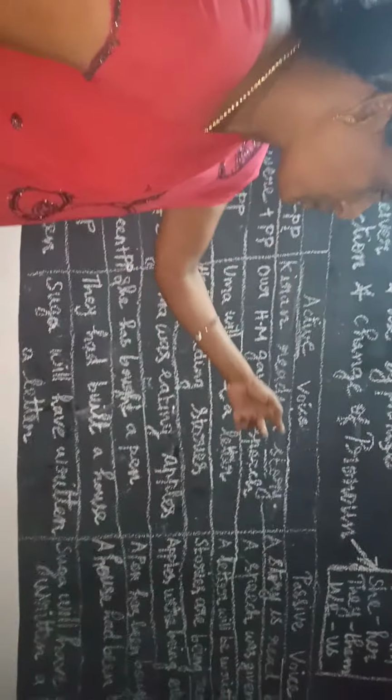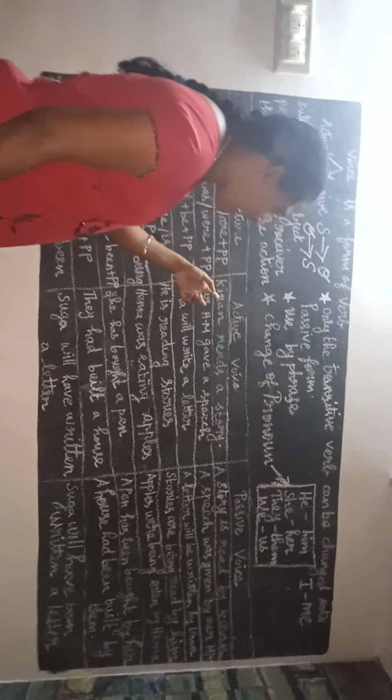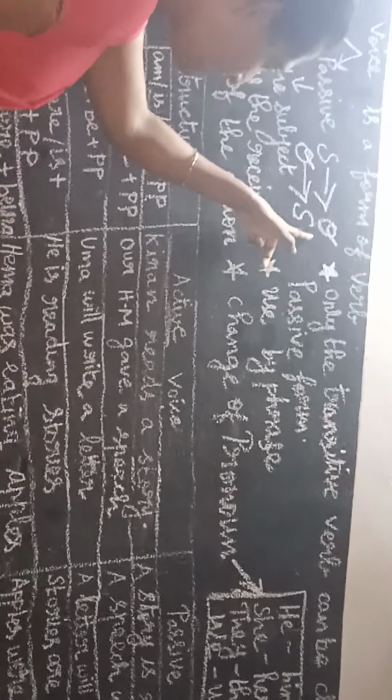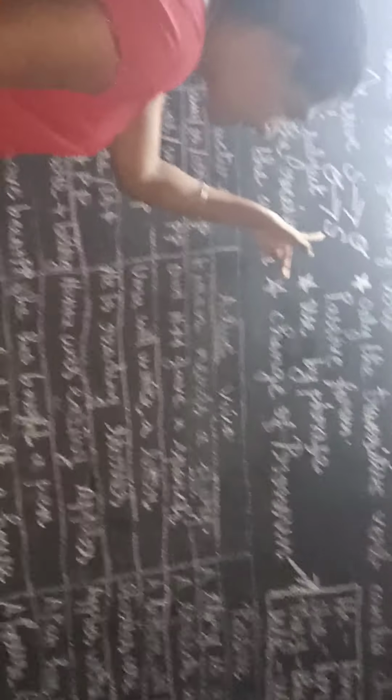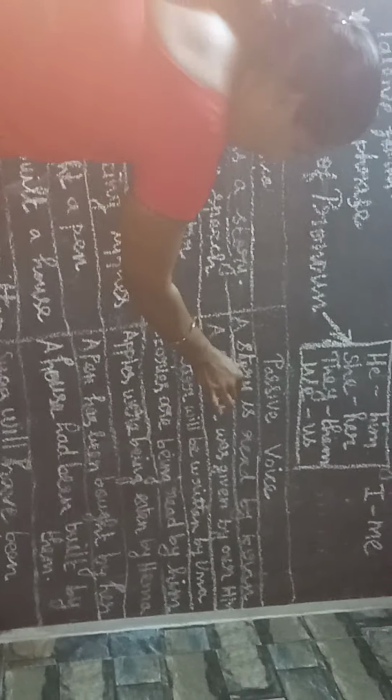For example, Kiran reads a story. Here, Kiran performs the action, so it is in active voice. As I told already, the subject of the active voice is changed into the object, and the object of the active voice is changed into the subject in the passive form. In the same way, the object, a story, becomes the subject of the passive voice.